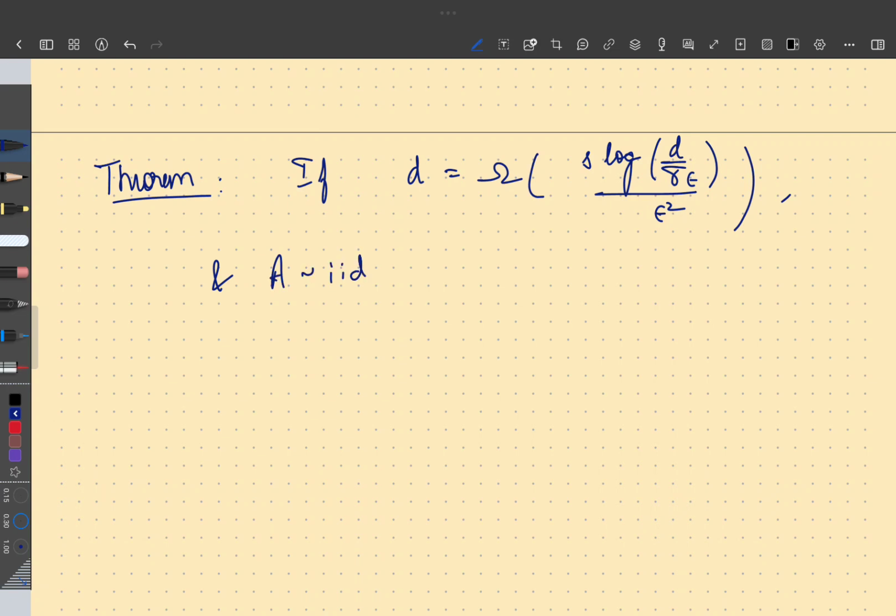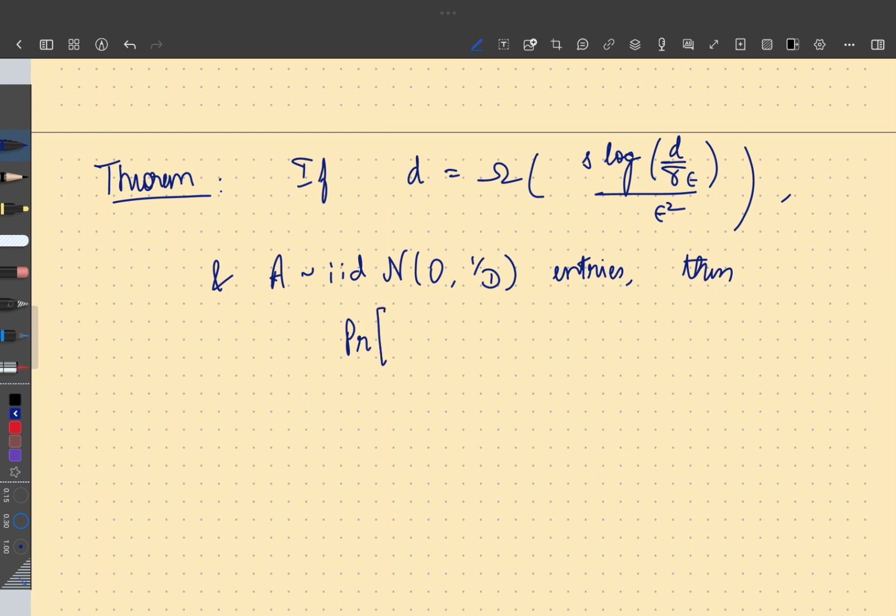And A has IID Gaussian 0, 1 by d entries.